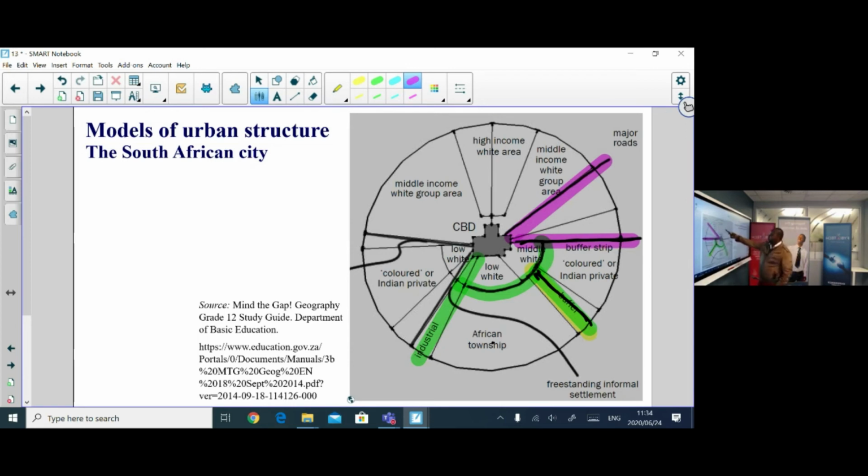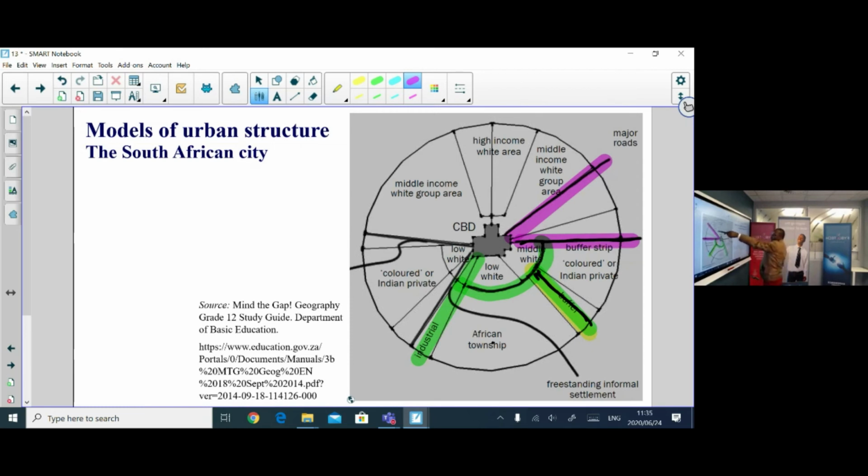And then, as you can see, these are thin lines, which means they are not very strict borders or buffer zones between the middle income and the high income white, but they are also separated.